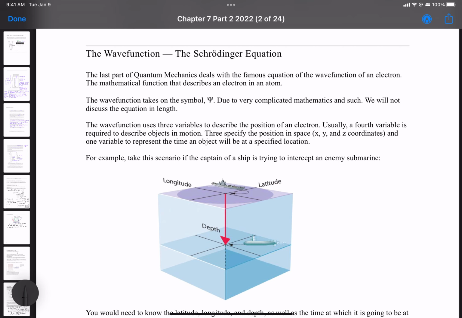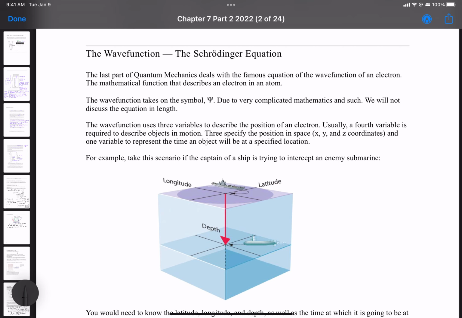It's a mathematical function aiming to describe an electron in an atom, like its behavior. The wave function takes on the symbol psi.